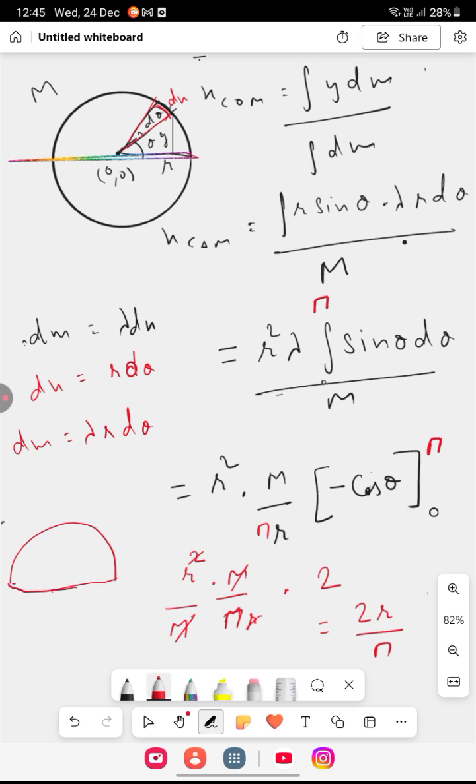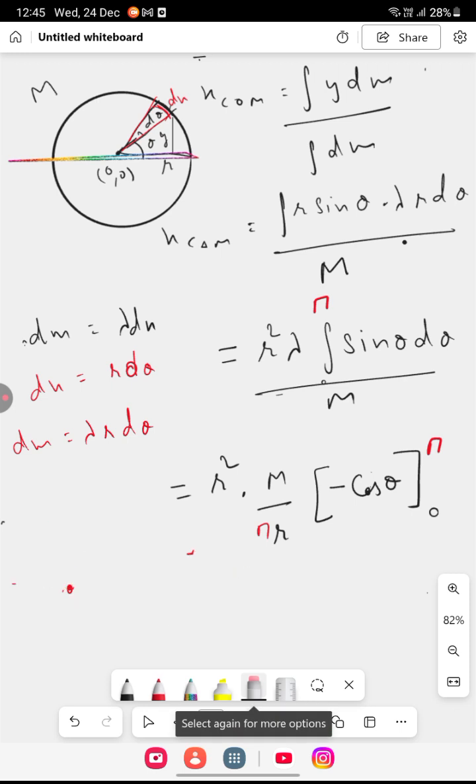This is our half ring, and this point is the origin. It means the center of mass is at a distance of 2r by pi from this origin. Okay, now we will find the center of mass for a disk.